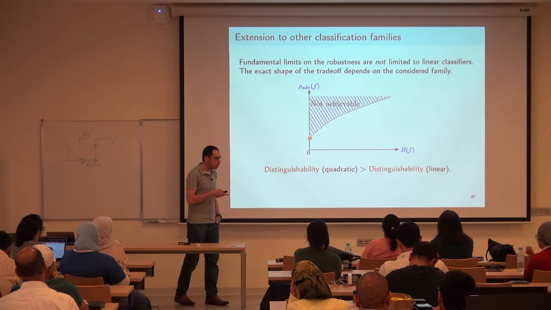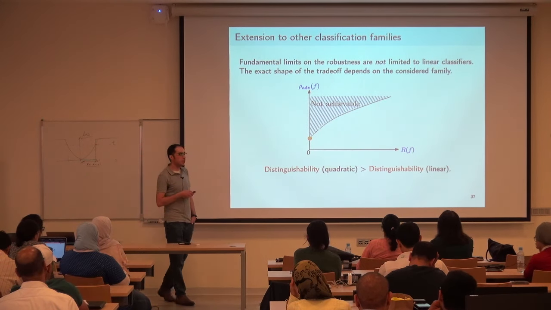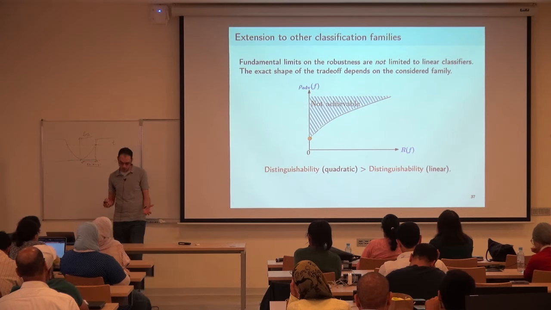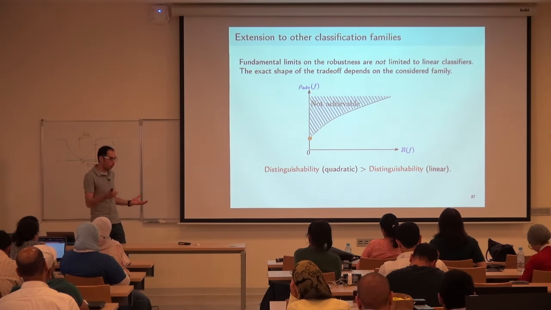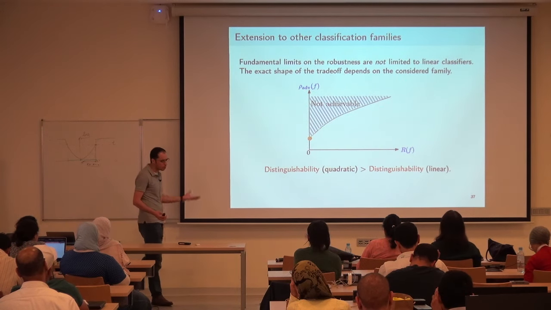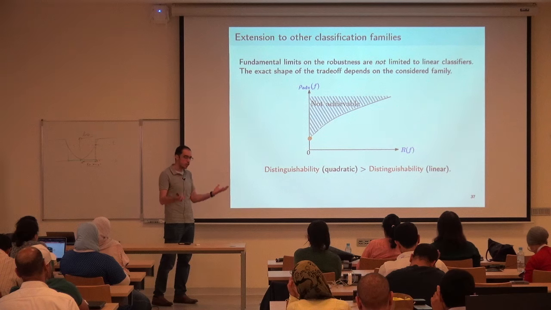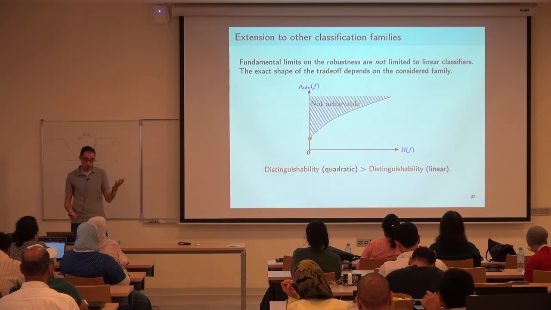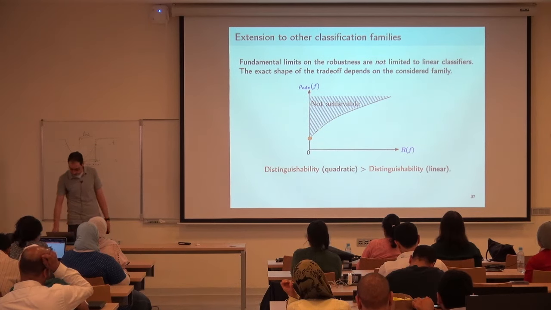And this, by the way, is very much related to the robustness-risk trade-off that we've seen: whenever you make your classifier more robust, you make your risk larger. So there is this trade-off between robustness and accuracy.